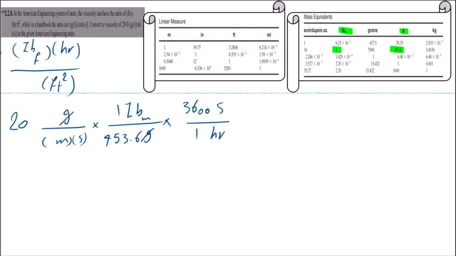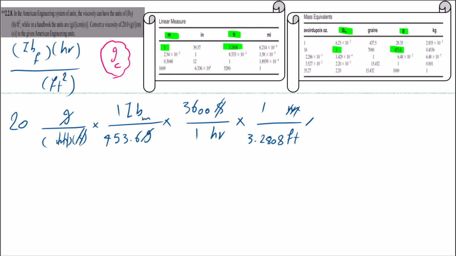The gram will be removed, and second must be converted to hour. 3600 seconds will be 1 hour. Second will be removed, and also meter must be converted to foot. 1 meter equals 3.2808. But remember, if you want to convert units of SI to American engineering, you must never forget gc.